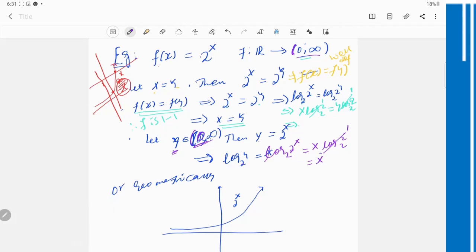So for any element from this set, we can find an element x, given by log of y to base 2, so we can get that x. Therefore we say f is onto. Therefore f is bijective.